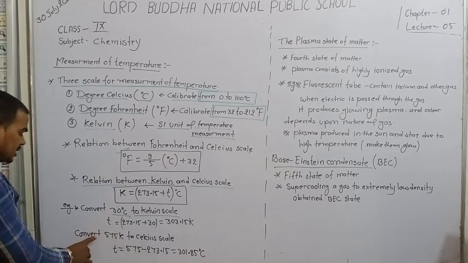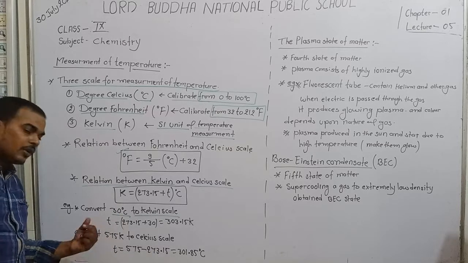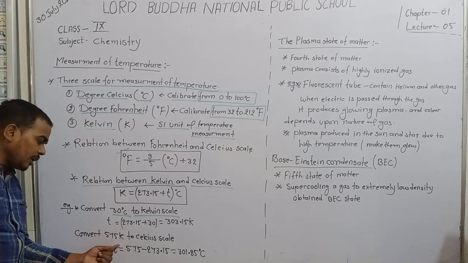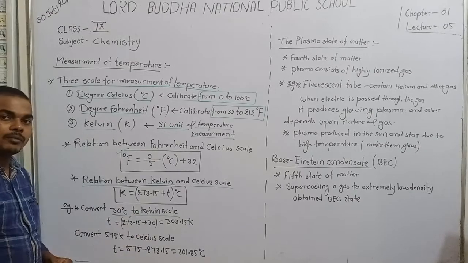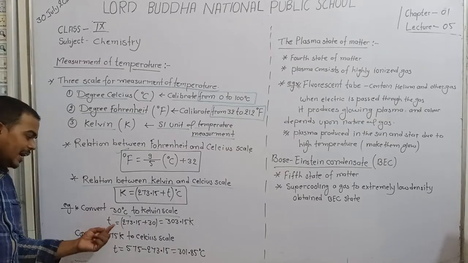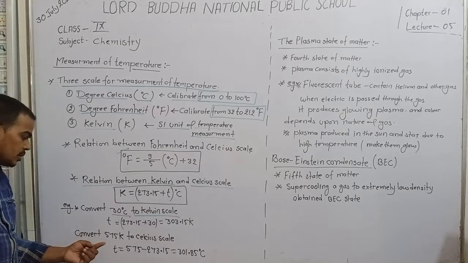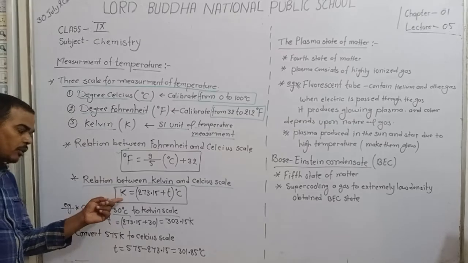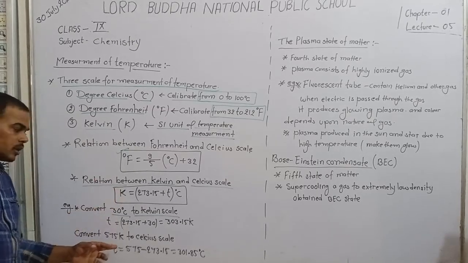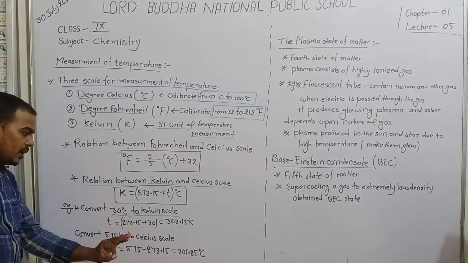Another example: convert 575 Kelvin to degree Celsius. We use the same relation for the conversion between degree Celsius and Kelvin.